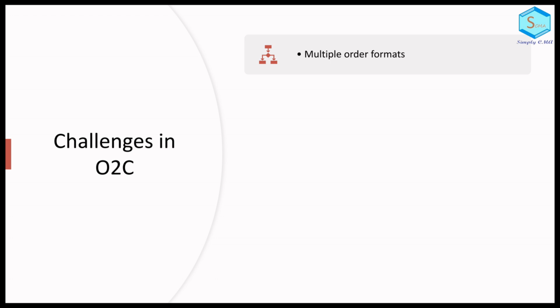It is not required that they follow only one mode, like the web page. They can give the order on WhatsApp also. They can email also. They can call your representative to give the orders. So this is one of the challenges in the O2C process, to handle all these modes of receiving orders from the customers.